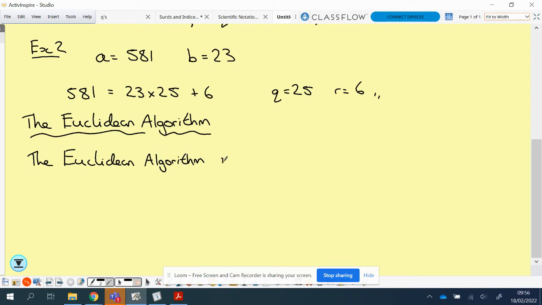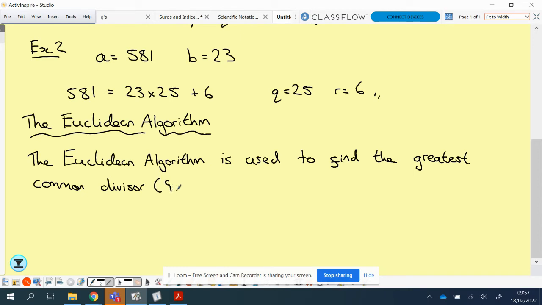The Euclidean algorithm is used to find the greatest common divisor, which you can write as GCD, and which can also be known as the highest common factor.